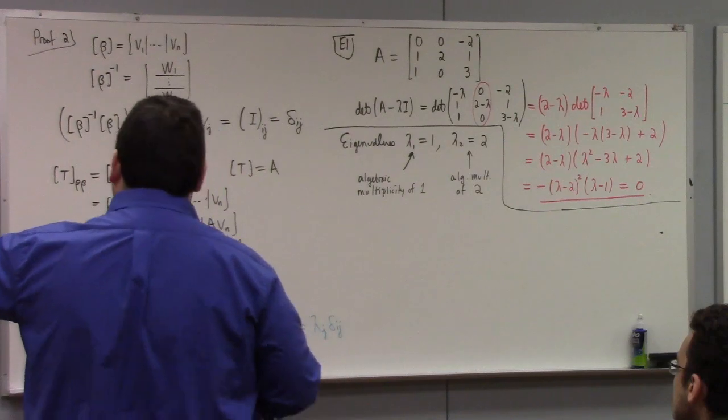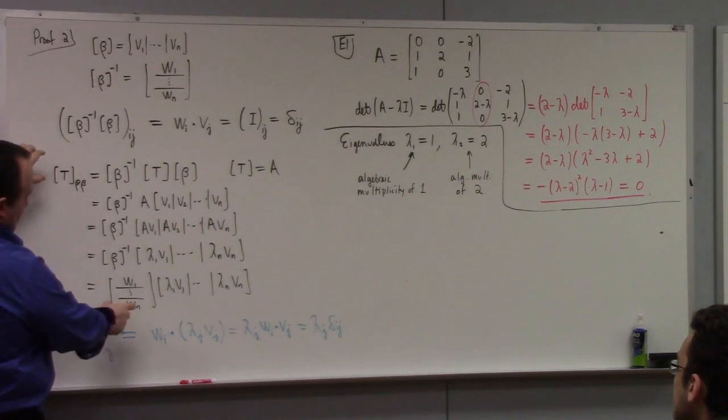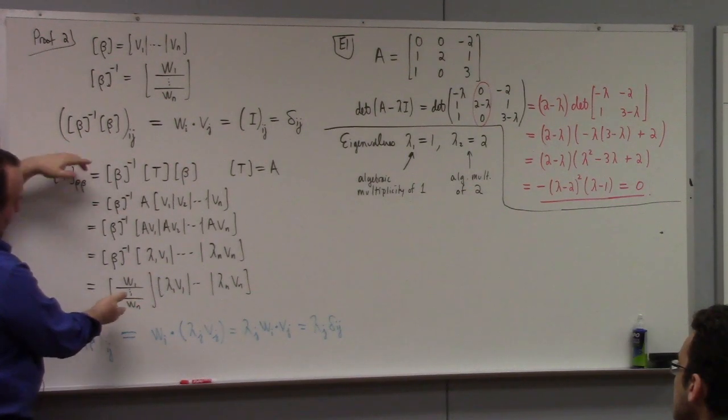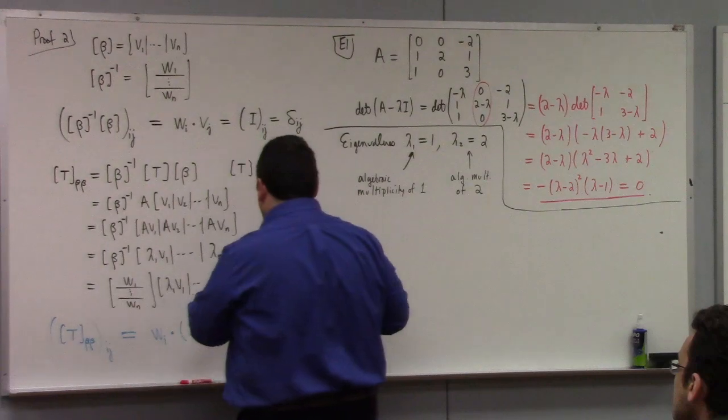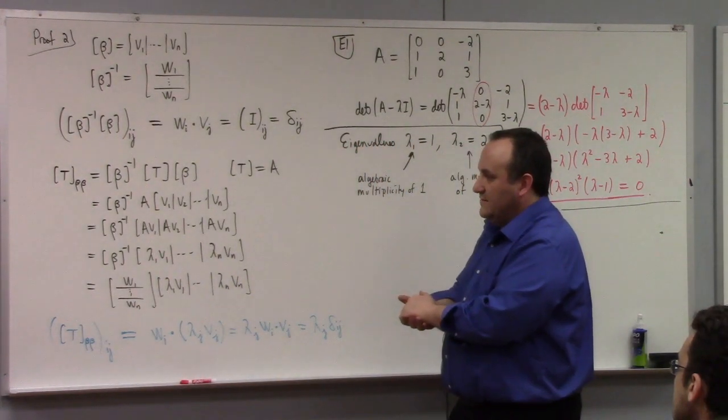Suppose it's diagonalizable. To suppose it's diagonalizable is to suppose that we have an equation like this, and that this is equal to a diagonal matrix. But what does that mean?